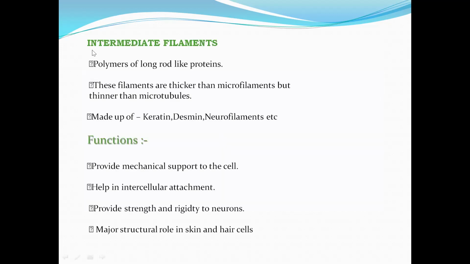The next one is intermediate filaments. A question can be asked: what is the composition of the intermediate filaments of the cytoskeleton? The composition is keratin, desmin, and neurofilaments.